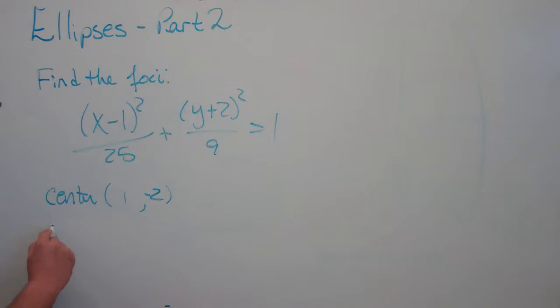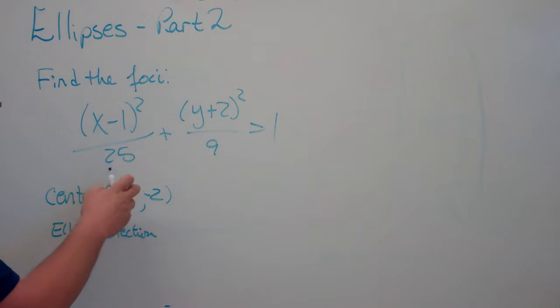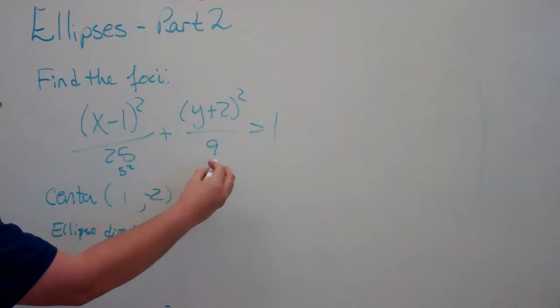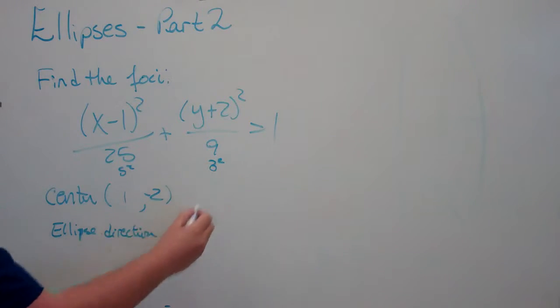Now we need to know what is the ellipse direction. Meaning, does it go left-right, so is it laying over sideways, or does it go up-down? Well, what you do is you look at a squared, which is 5 squared, and b squared, which is 3 squared.